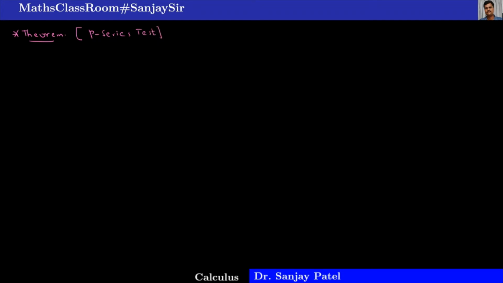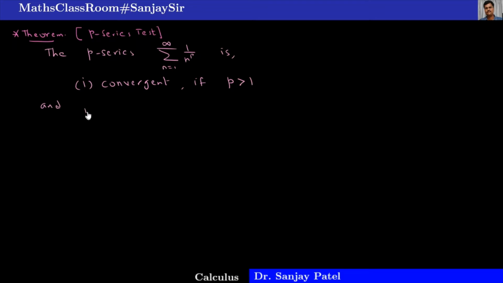This theorem tells us the P series sigma 1 upon n raised to p, where n is equal to 1 to infinity, is convergent if the value of p is greater than 1, and it is divergent if the value of the constant p is less than or equal to 1.